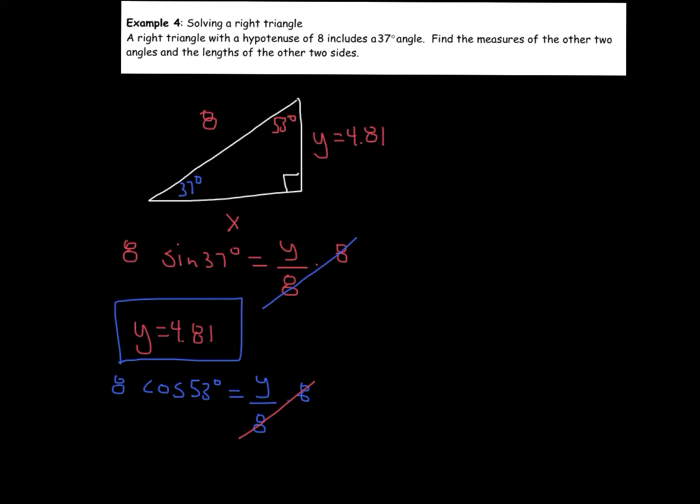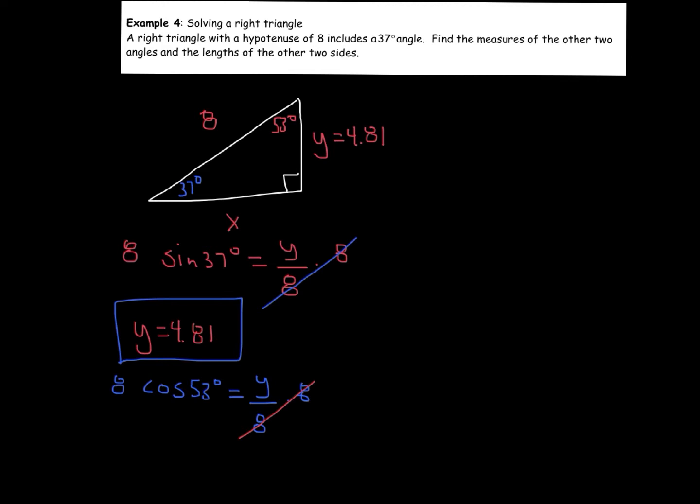If you wanted to use 37 degrees, which trig function would you use? Well, let's look at it. x is the adjacent side to 37, so I'm going to use cosine. You could use tangent here. You could use sine. There are different things you could use. You may want to do that as an example.